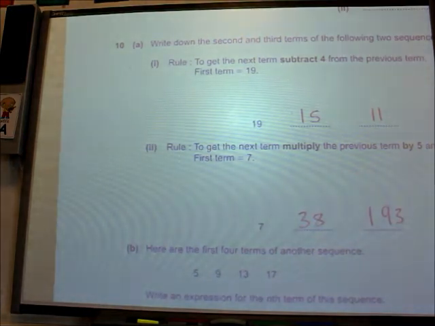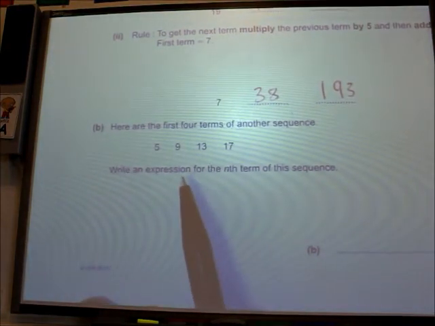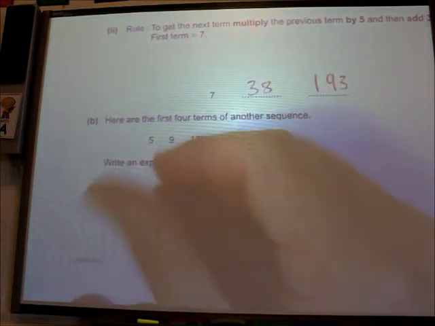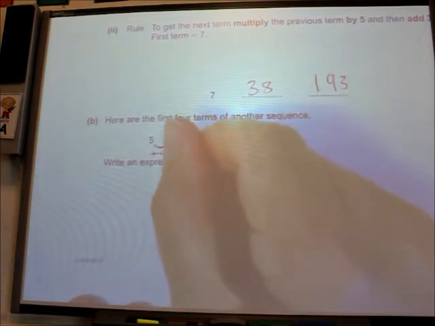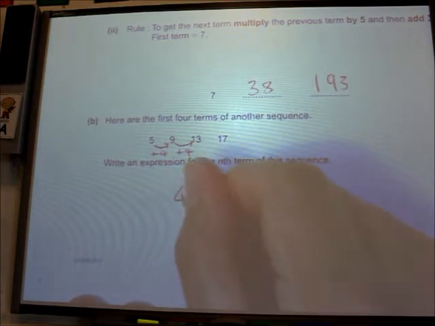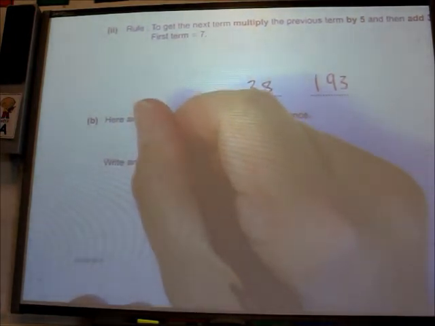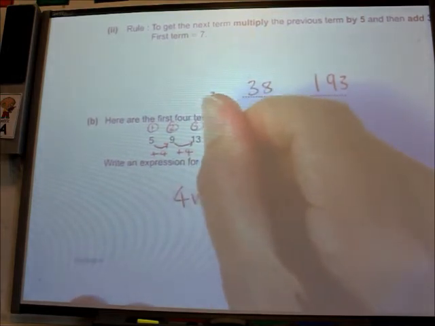Right, next one. Here are the first 4 terms of another sequence. Write an expression for the nth term. So what you do, you see how much it's going up by each time, and this looks to be going up in 4s. So the first thing we write down is 4n. That's the first term of the sequence, second, third, fourth, and so on.